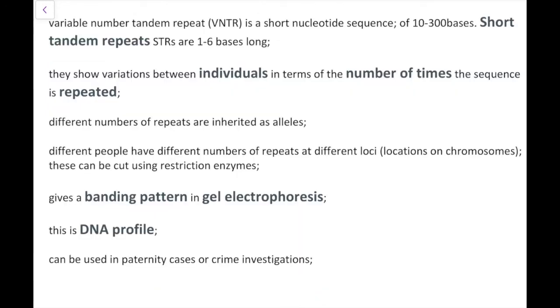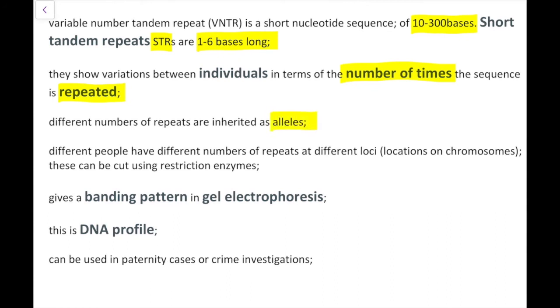Okay, so our recap of that was that VNTRs were short nucleotide sequences of 10 to 300 bases, whereas short tandem repeats, STRs, were 1 to 6 bases long. And they vary between individuals because the number of times those sequences are repeated is individual. The different numbers of repeats are alleles, different forms of DNA.